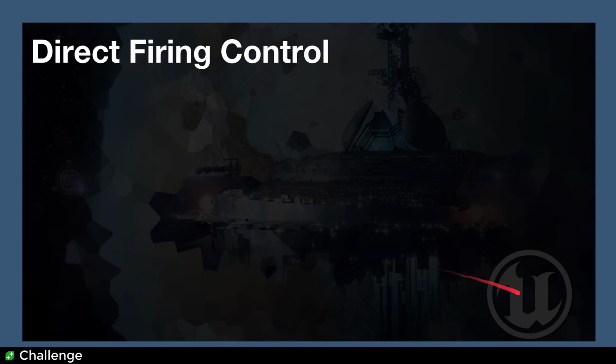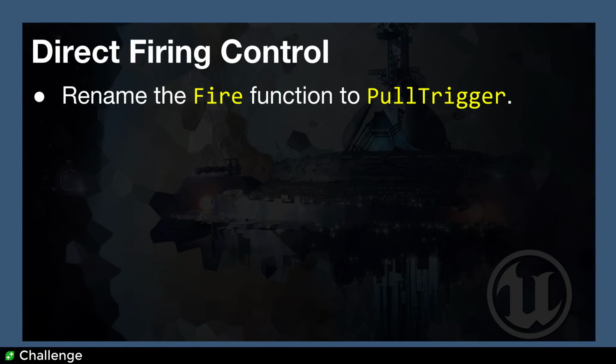I'd like you to enable direct firing control for the AI. What do I mean by that? I want the AI to be calling via its actions the fire method, or what we're going to call the trigger method, on the character BP, on the mannequin. So what you're going to do first of all is rename that fire function that's on the mannequin to pull trigger, to be closer to our architecture.